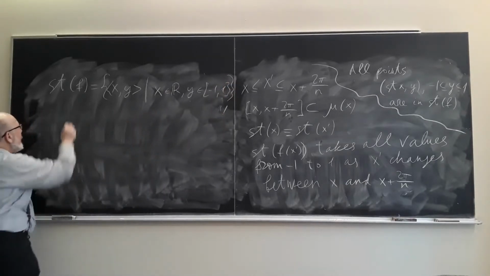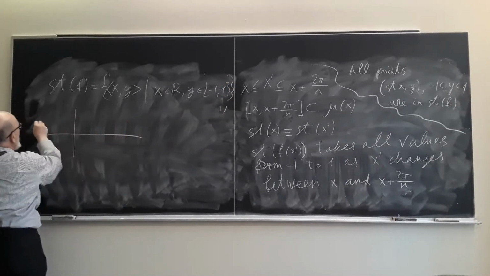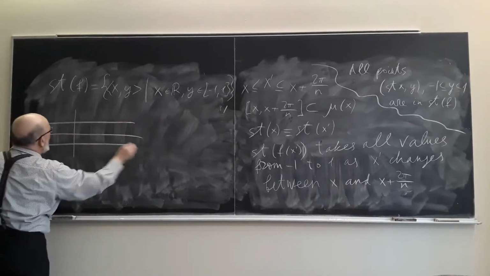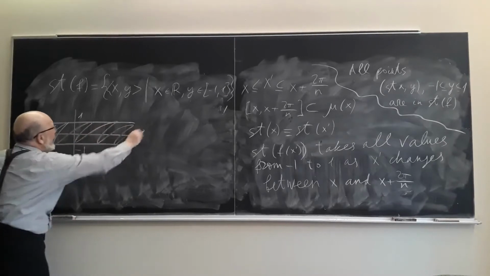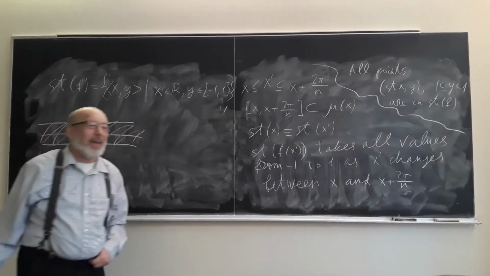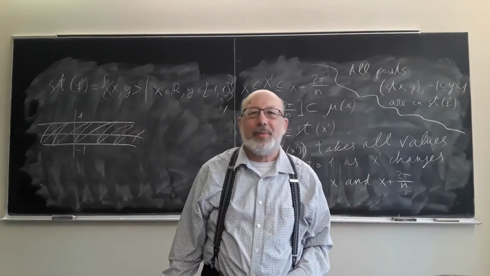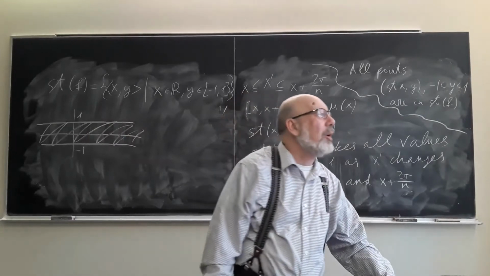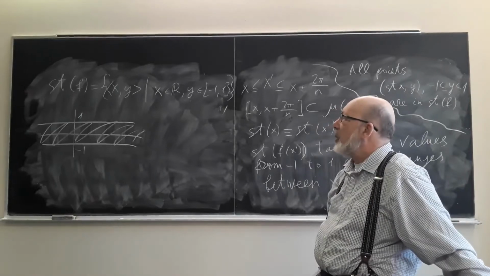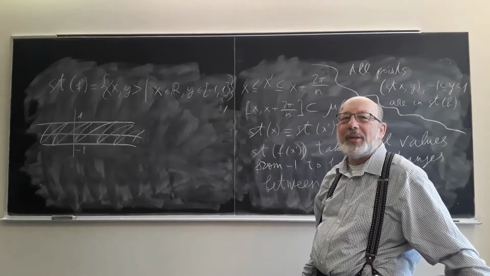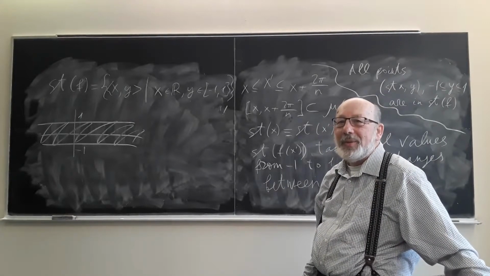So, the graph of this function is all this strip without any gaps. The graph of this function is not only everywhere dense here, but it simply fills it all.